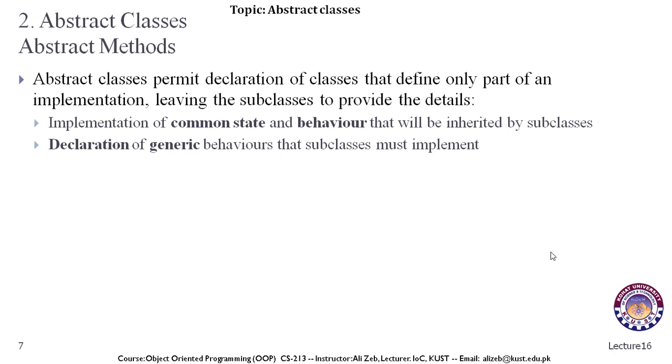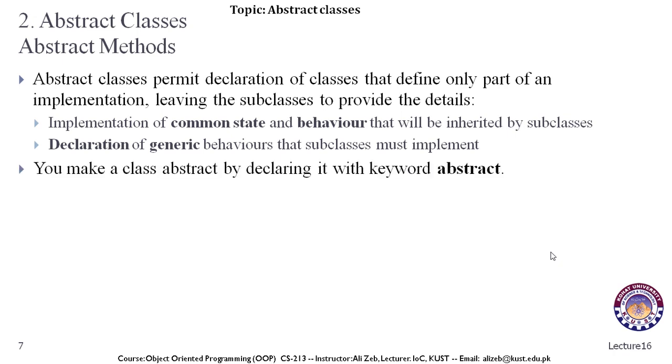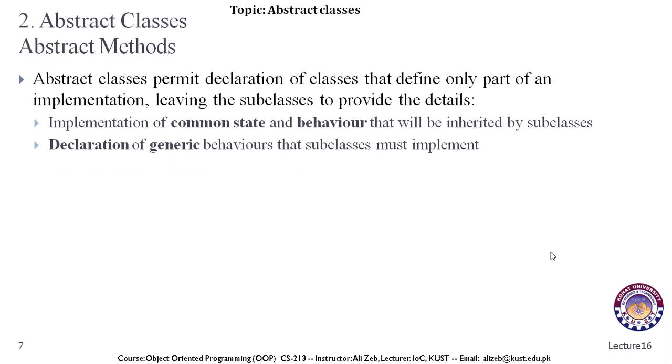So if we extend the shape class further, all of the subclasses of the shape class should have an implementation for the draw method and the area method. That is now compulsory because we have made the methods abstract methods in the shape class.